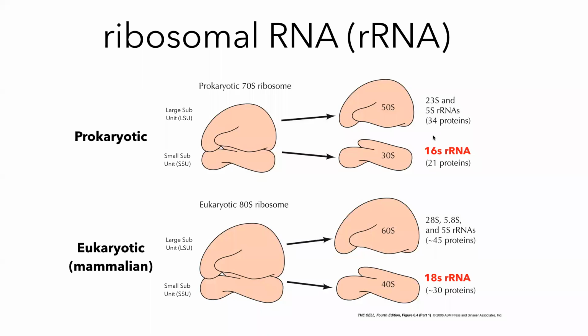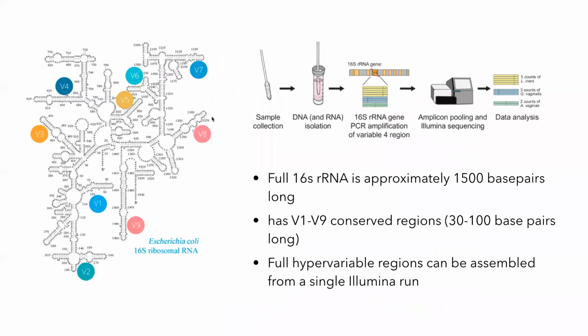And so what encodes for the small subunit is actually the 16S ribosomal RNA. And so within this RNA, this is what it looks like. We have multiple what is called hypervariable regions. And these hypervariable regions are actually what we can use to detect specific level taxonomy.